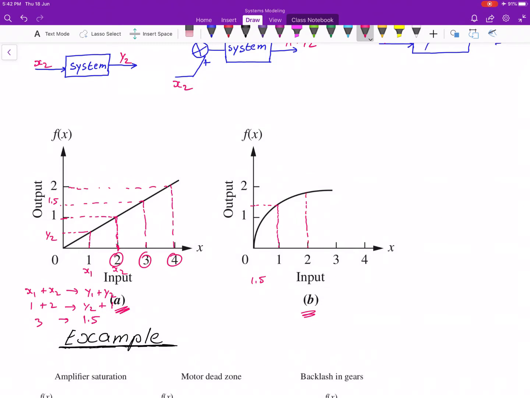If we are at 2, maybe we can say it's closer to 1.8. Now at 3, it should give us the sum of these, which should be around 3.3, and we are nowhere near 3. We are not even above 2. So this is not linear.